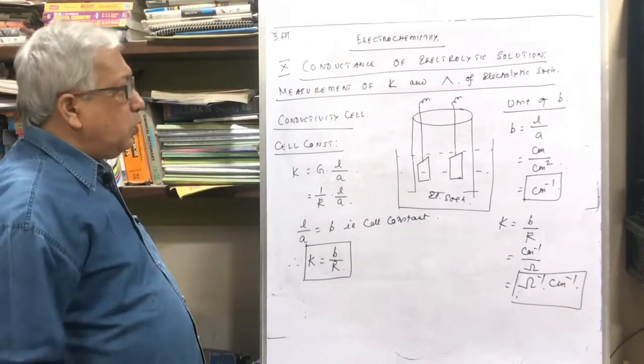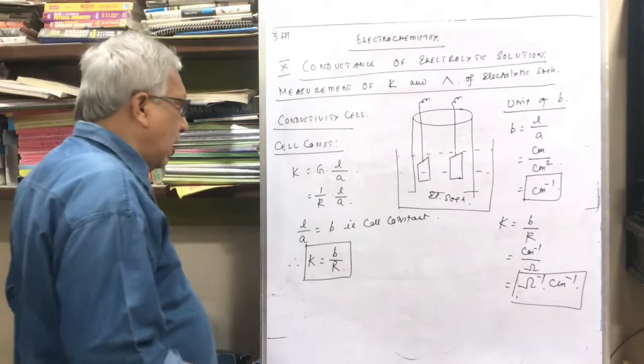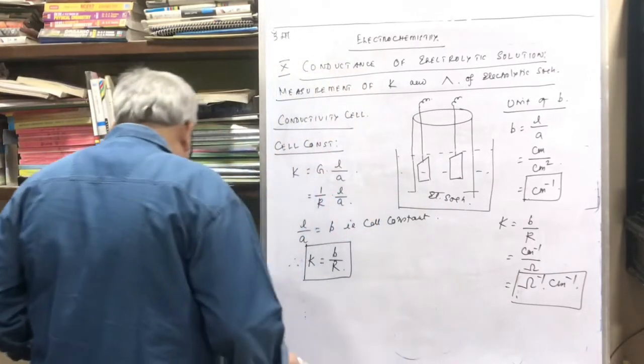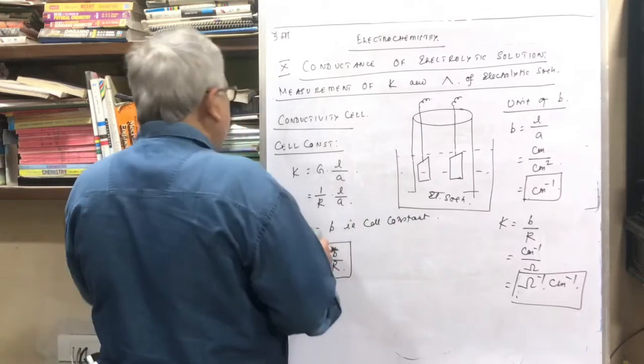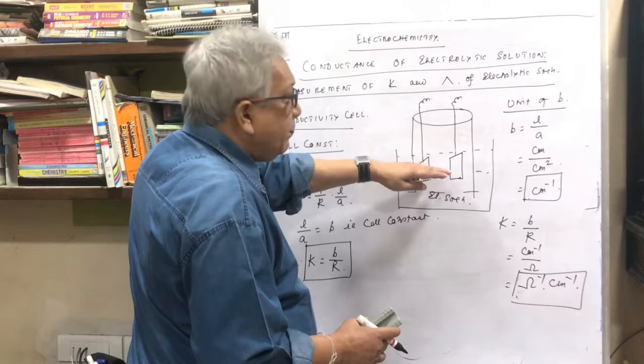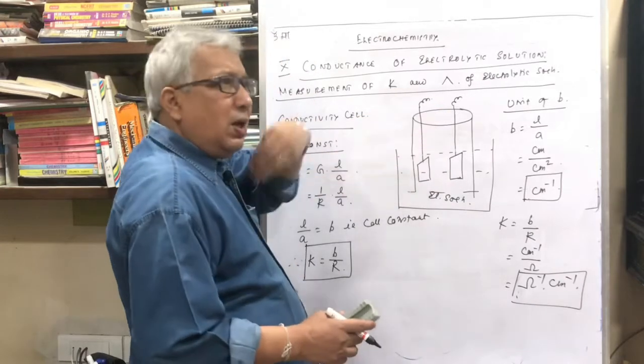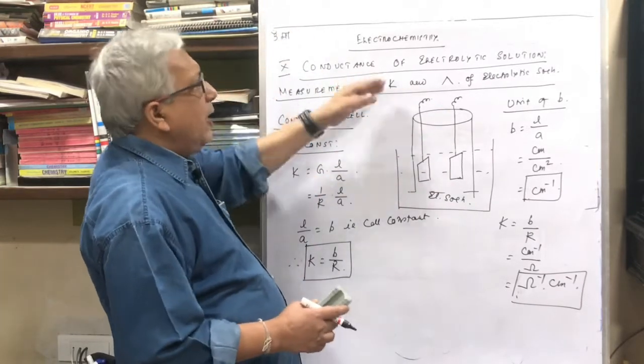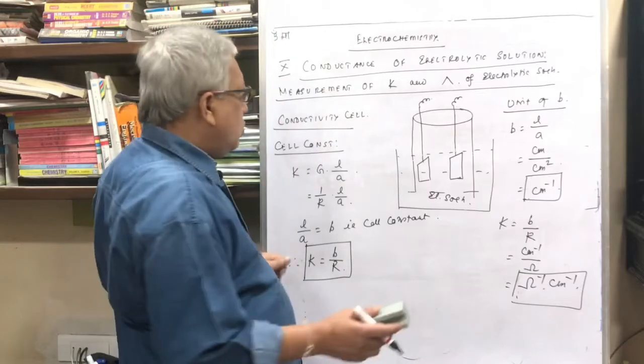Now let me go into the experimentation part. When I go for the experimentation, first I have to determine the cell constant, the B, and then using this conductivity cell I can find out the K and lambda for any electrolytic solution.